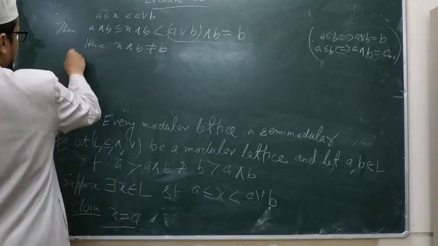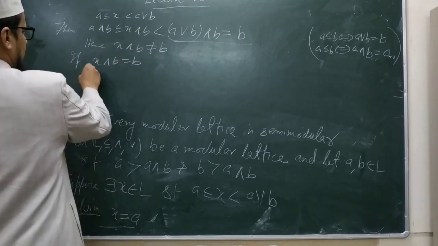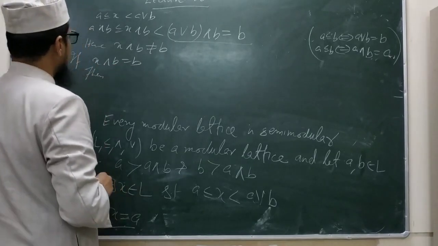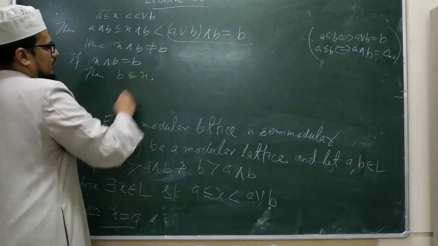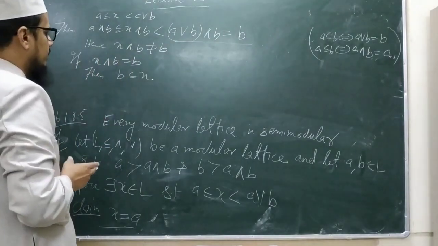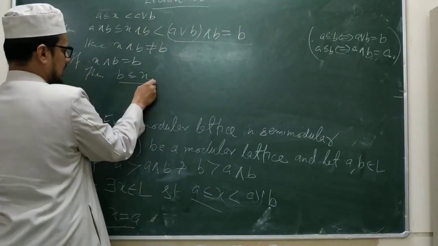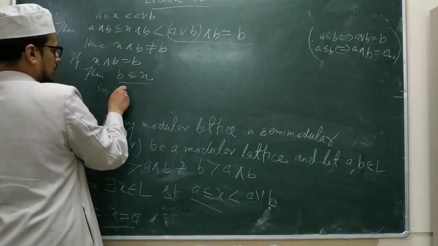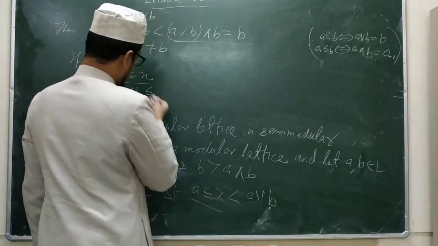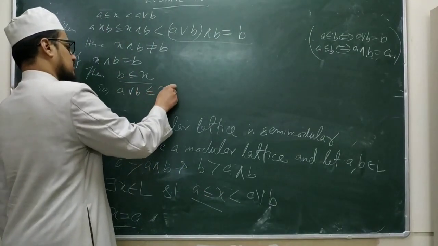Suppose X meet B is equal to B. It means B is less than or equal to X, because B is equal to X meet B. And we have A less than or equal to X and B less than or equal to X, so X is an upper bound of both A and B.